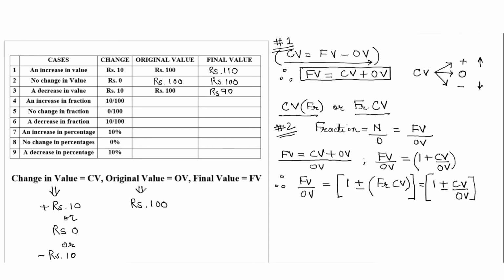Right? So these are the values which are going to remain common for all these 9 cases that we are going to discuss, out of which 3 cases have been already discussed.